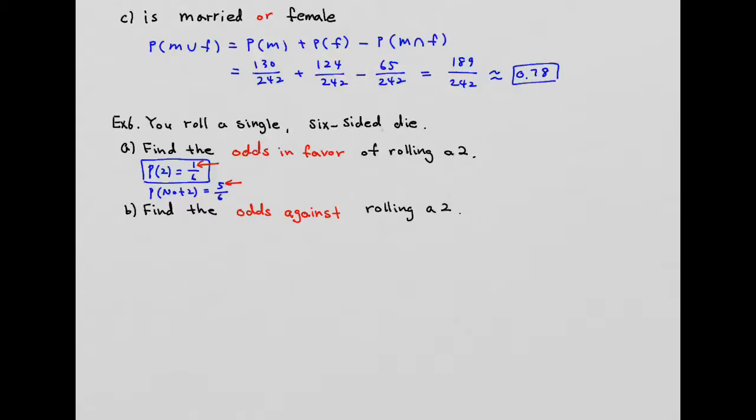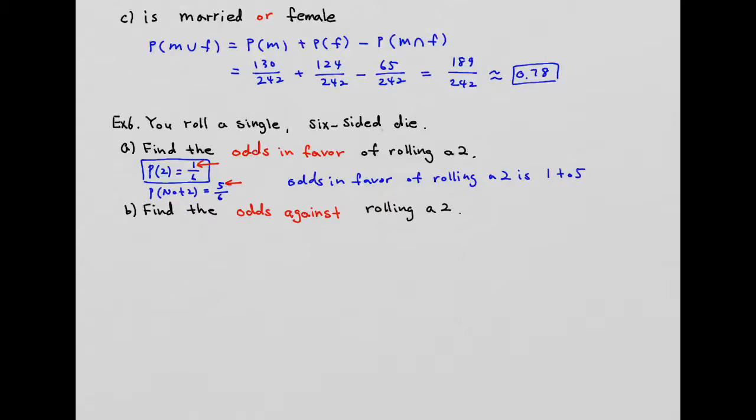So the odds in favor of rolling a 2 is 1 to 5. So 1 is the case that it's going to be 2, and 5 is the case that it's not going to be 2, right?